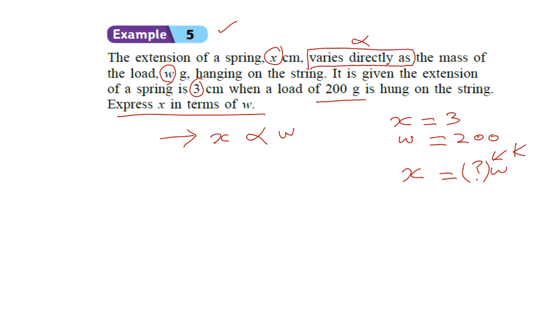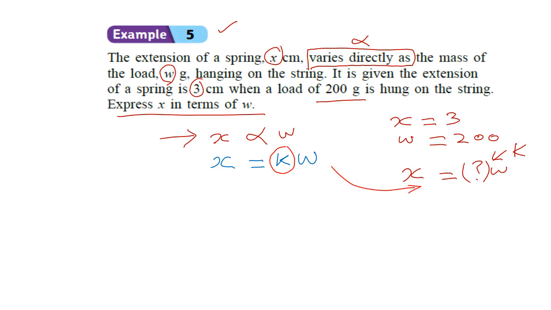So x equals, once you put the equal sign, you must write the K and then write back the W. That means K times W. Then, of course, you have to figure out what your K is, before you express x in terms of W. So your job now is to find K.